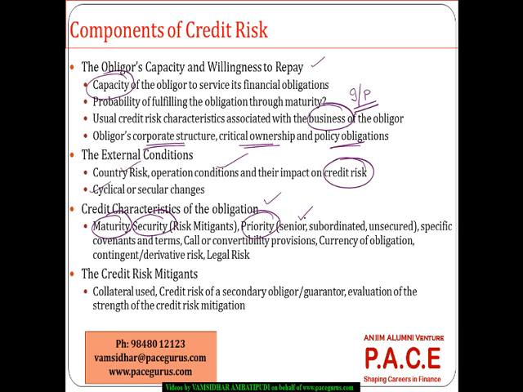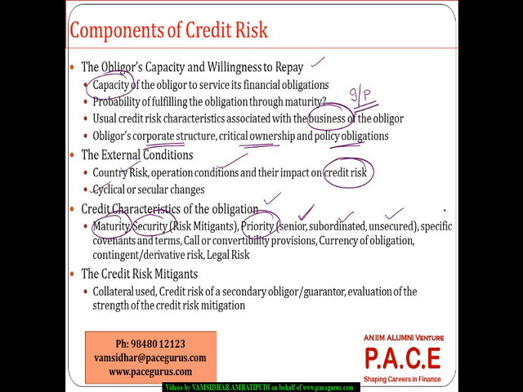Senior debt is that kind of credit where, once the assets are liquidated, the proceeds are first distributed to the senior credit holders, then to the subordinate, and then to the unsecured. So what is the priority in the entire structure? The higher the priority, the lesser the chance of credit risk, and vice versa.